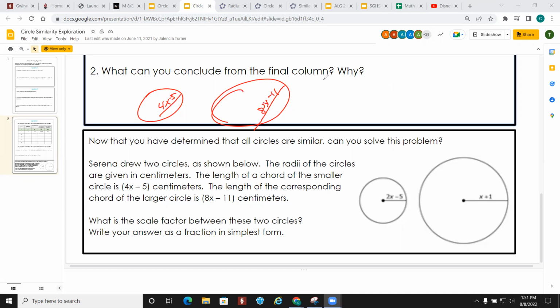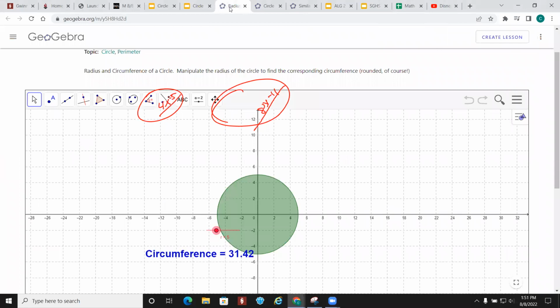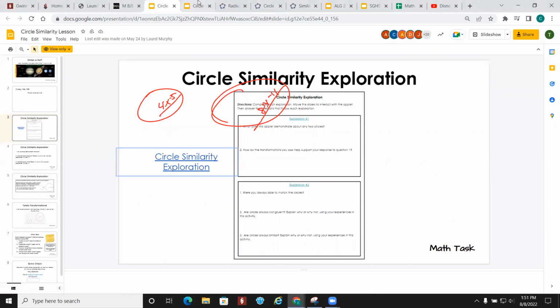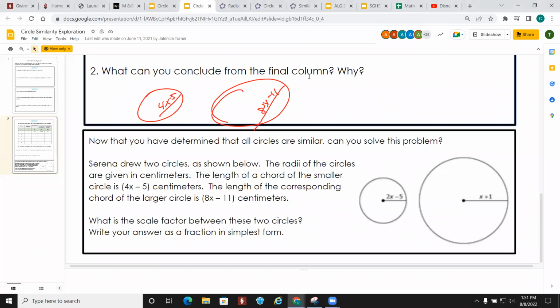If we want to find the scale factor of something, like for instance, let's go back to this little applet. There it is. So how are we going to divide this? Scale factor is found by taking the post image and dividing by the pre-image. Do y'all remember those terms?